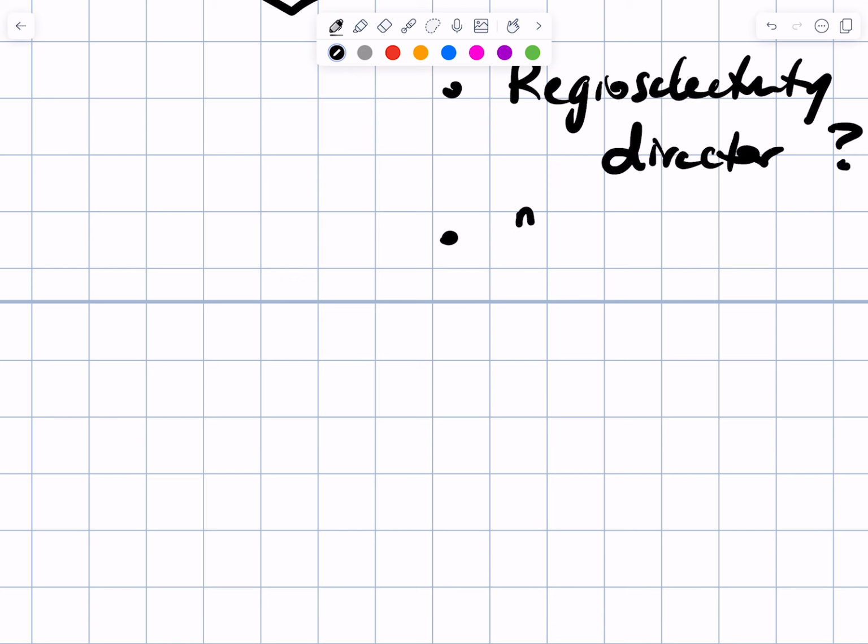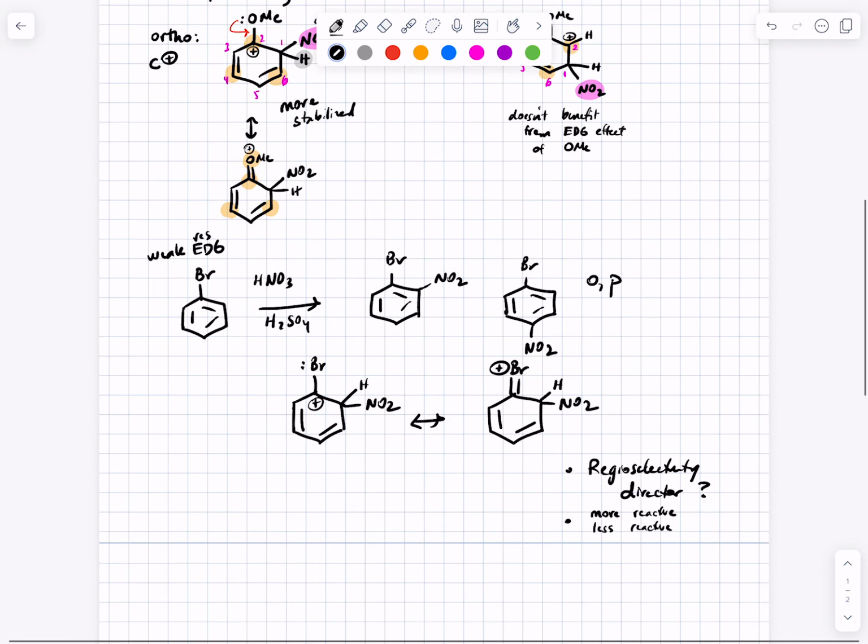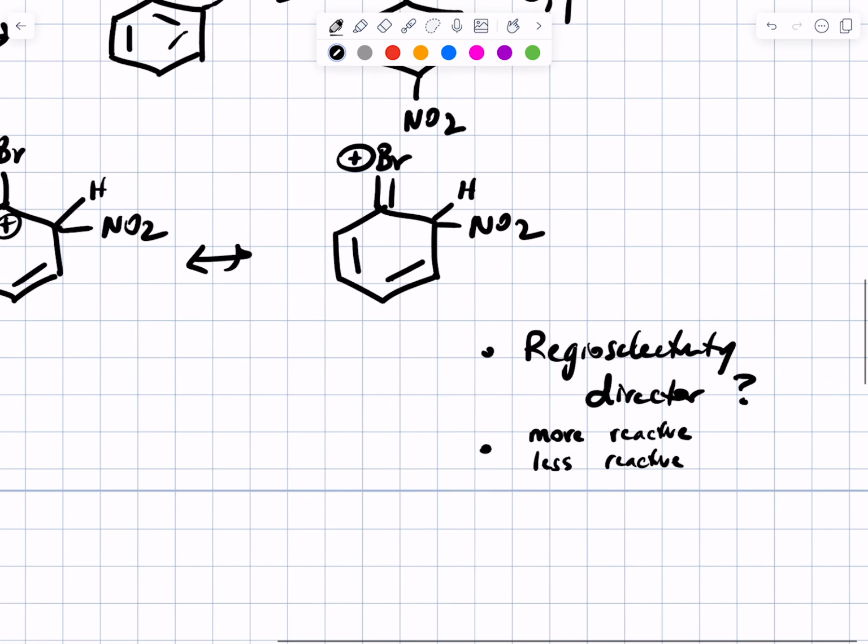I wish your text had said more reactive or more nucleophilic versus less reactive or less nucleophilic. For the most part, groups that are ortho-para directors will also be more reactive than benzene, whereas groups that are meta-directors will tend to be less reactive than benzene.